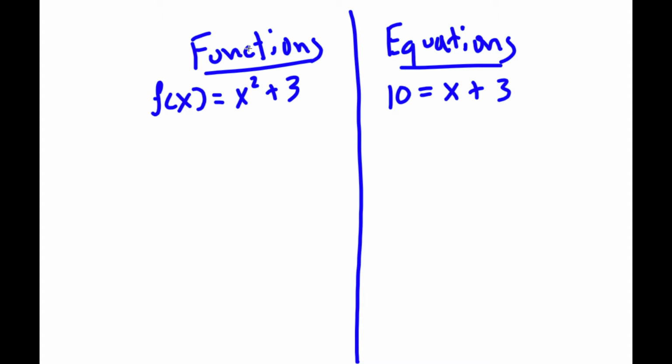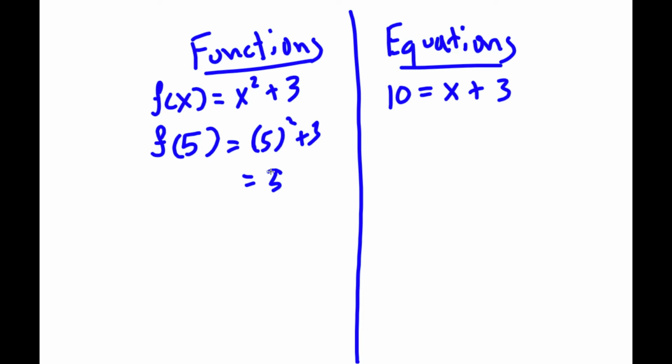So what a function is, it's the output for a given input. Let's say I want to input 5 for x. I would say f of 5 is equal to 5 squared plus 3. 5 squared is 25, 25 plus 3 is 28.